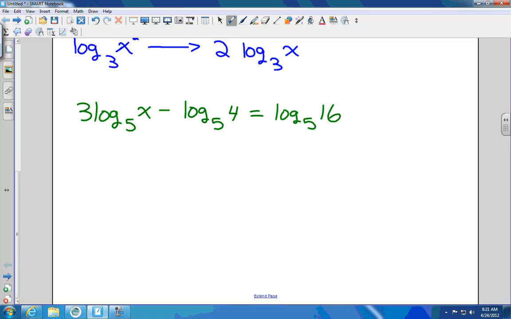The 3. So that would be the first thing you would do on this problem, is move that 3 up to where it is an exponent. I'll show all the steps. As you were writing down the problem, you could have probably moved that up there, and that's all right. So that becomes log base 5 of x to the 3rd, and the rest of them don't have an exponent.